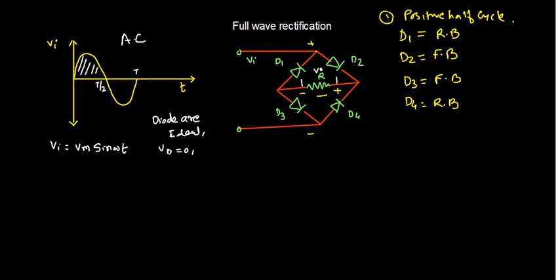So for the positive half cycle, we will get V input equal to V output. So whatever the V output up to this V maximum level, we are going to get the same output as the input. So if I draw that one, I'm drawing this for the output waveform.